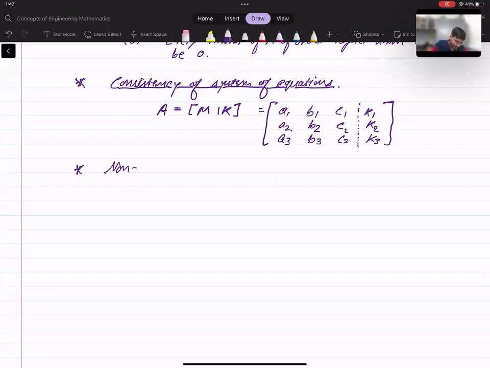Then we will proceed to homogeneous. Non-homogeneous system of linear equations. So there may be any n number of variables here. So it is valid for any number of variables.